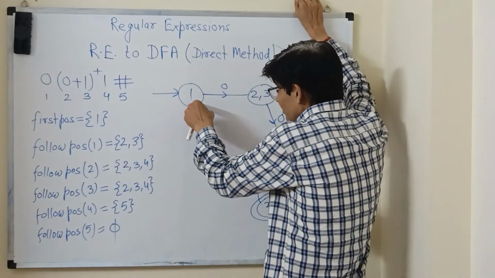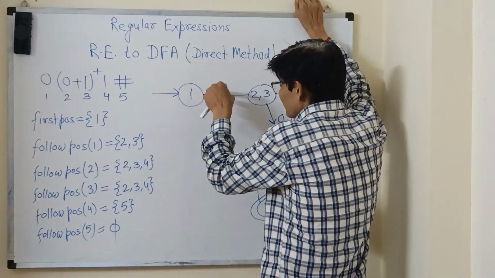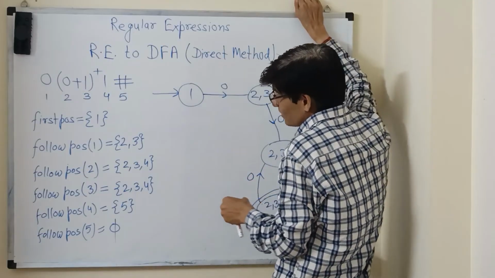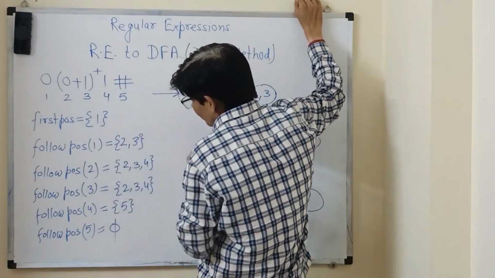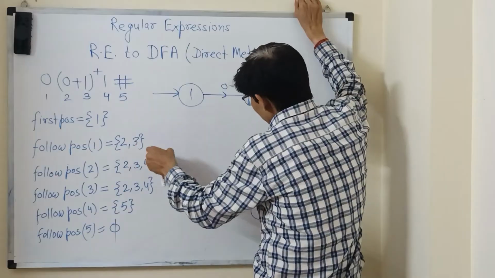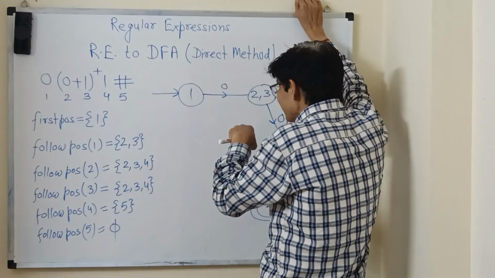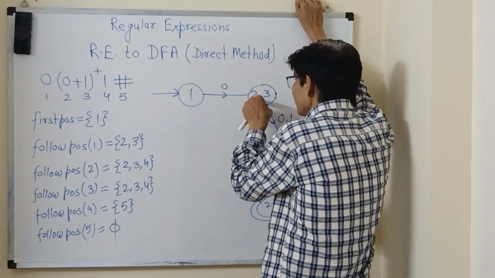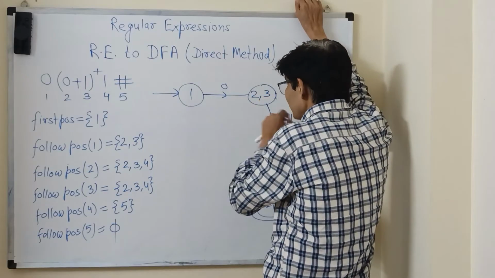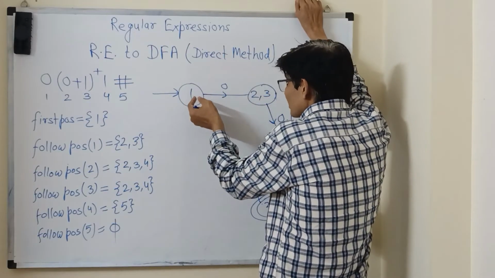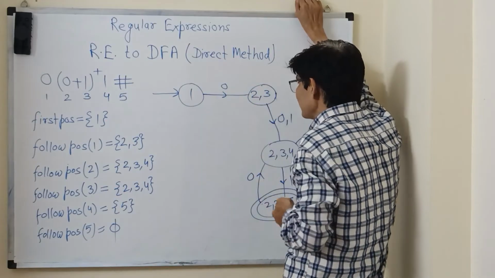So on this state, if we see the transition on 0, we will take the follow of 1. Follow of 1 is 2, 3. So 2, 3 is not created here, so we will create one more state, 2, 3, and on 0 transition from 1 we will move to 2, 3.